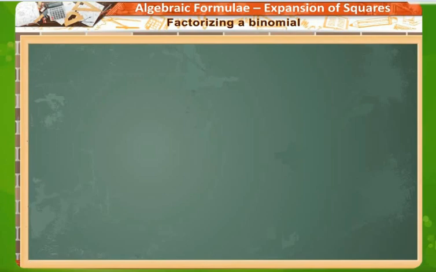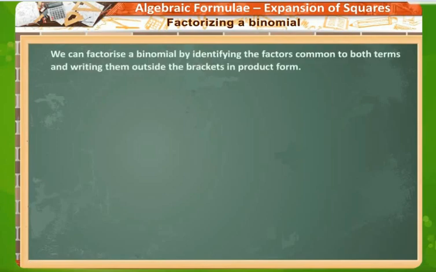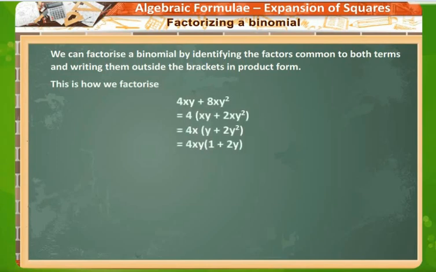Now we are going to learn how to factorize a binomial. We can factorize a binomial by identifying the factors common to both the terms and writing them outside the bracket in the product form. So first we have to find out the common factor. Now this is how we factorize. 4xy plus 8xy square.